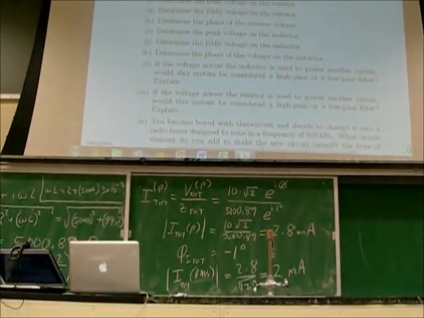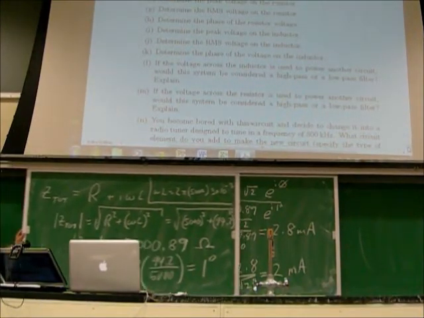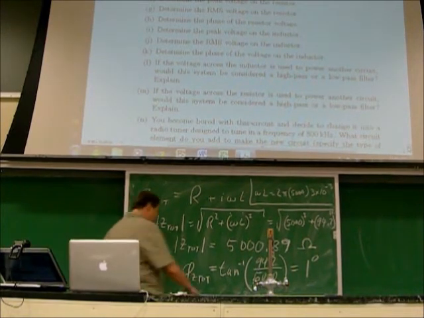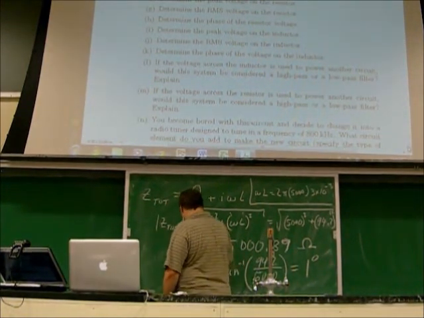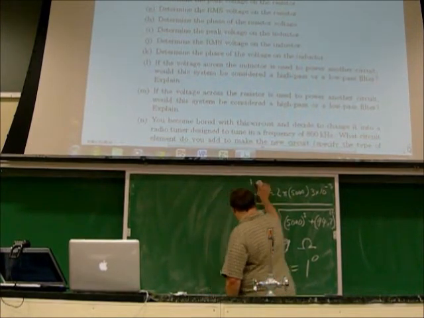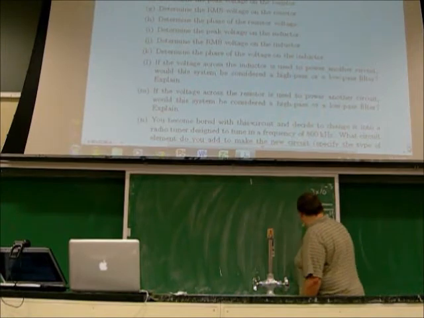From that total current, the voltage on the resistor.